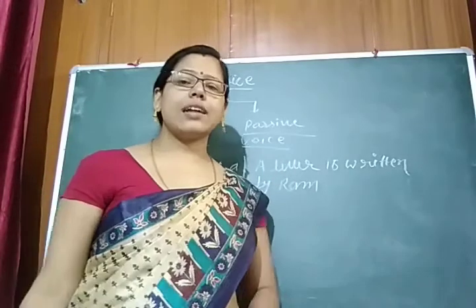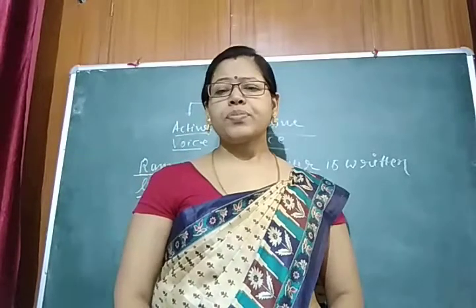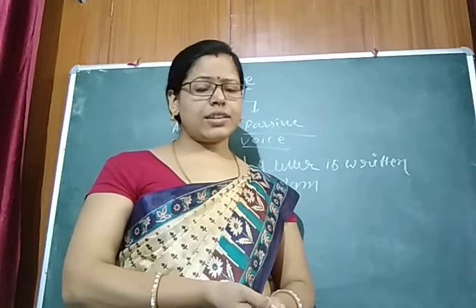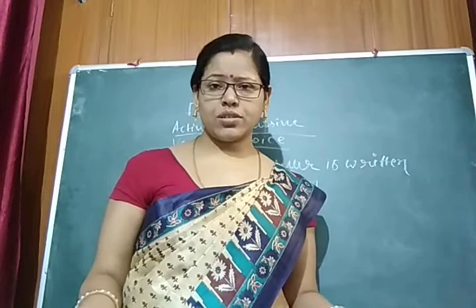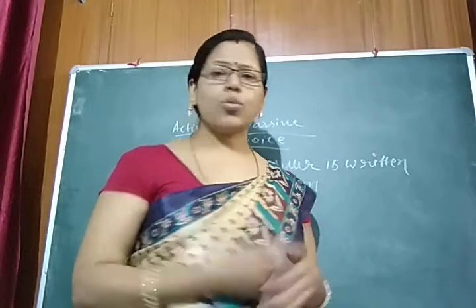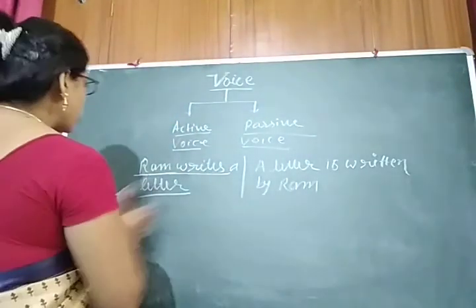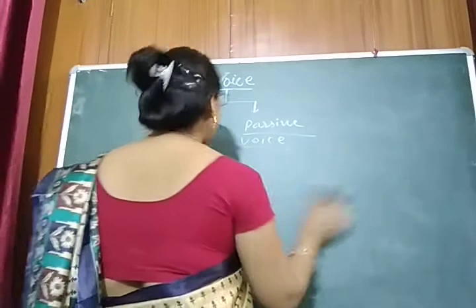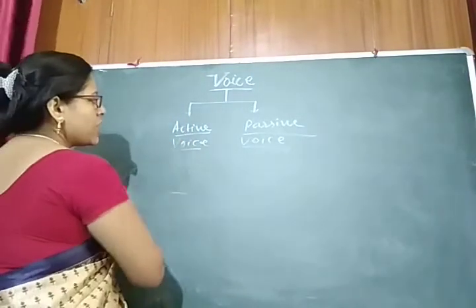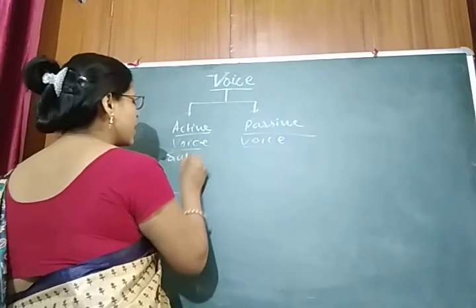So we can say that a sentence is said to be in passive voice when the doer of action is not active. And when the doer of action is active, then the sentence is in active voice. All right. So now remember the rule and all I'm going to let you know over here. You will just make a chart like active voice and the passive voice, and here you will write subject.